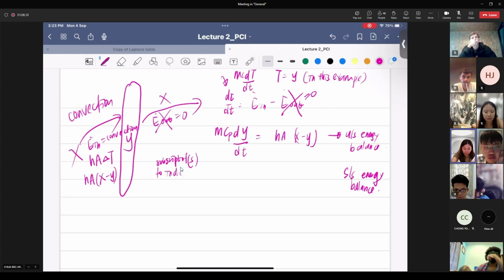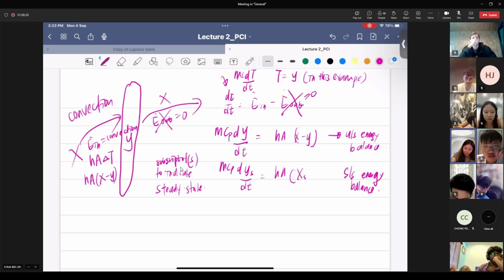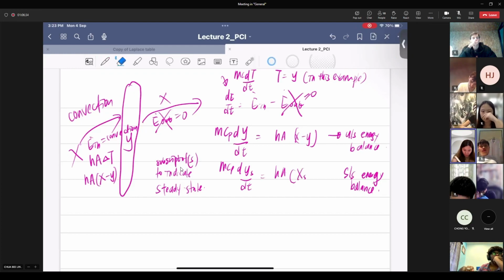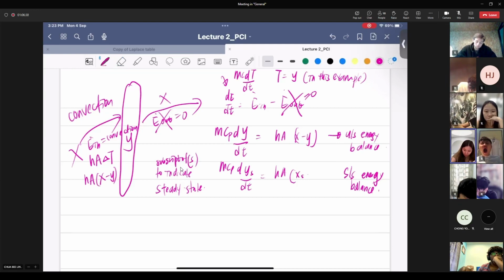So mCp dYs over dt equals hA (Xs minus Ys). This one is a small letter because it is the steady state response. So S stands for the steady state.